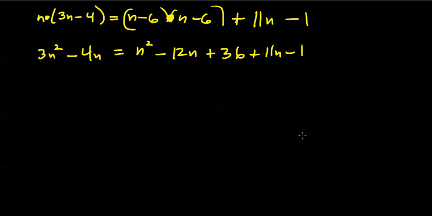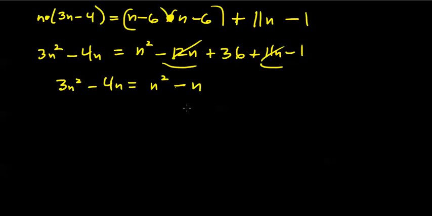Now I'm going to combine like terms. If I crunch things together on the right-hand side, it may make my life a little easier. So I'll see a minus 12n plus 11n gives me a minus n, combining those two degree 1 terms, and 36 minus 1 is, of course, plus 35. I think we're doing all right here.